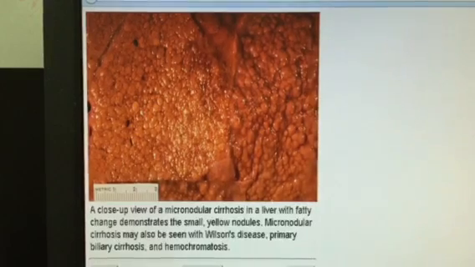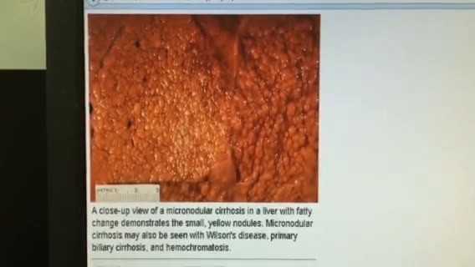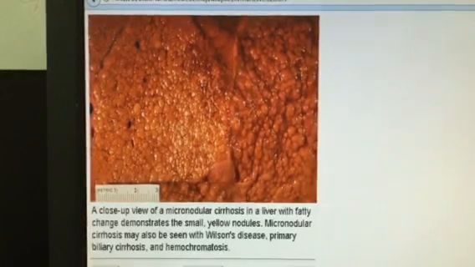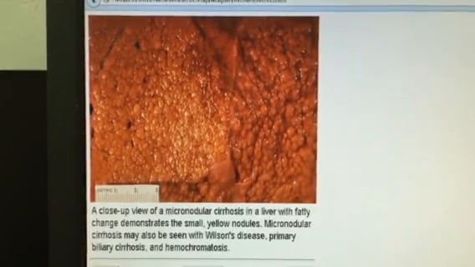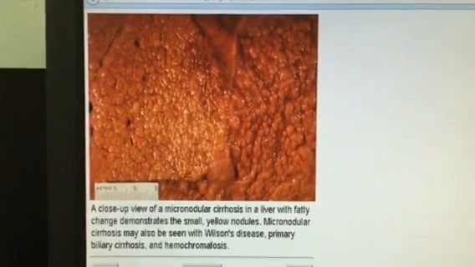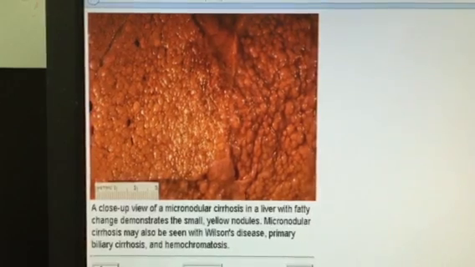Micro or macro, the most common cause is alcoholism. If there is no alcoholism history, we call it non-alcoholic fatty liver disease. But we can see it in other conditions, not only alcohol.